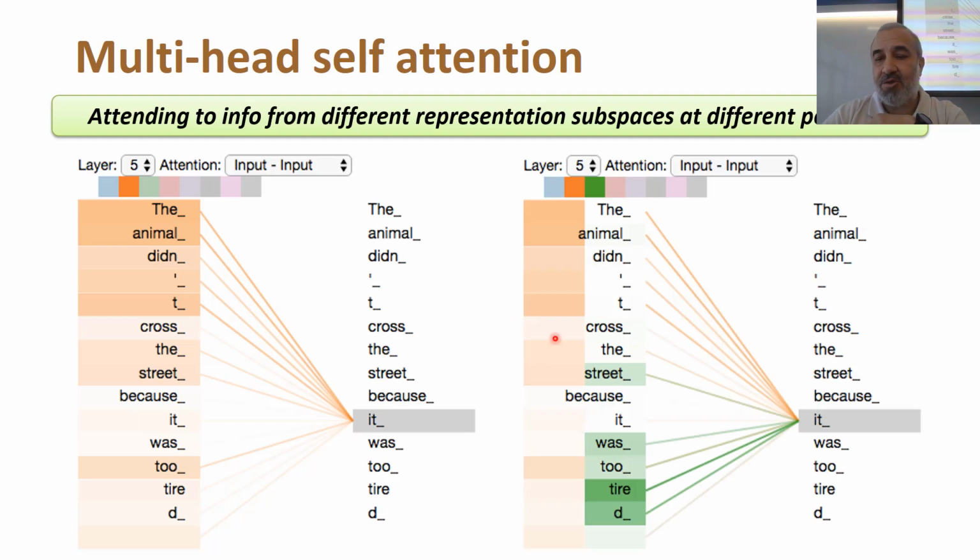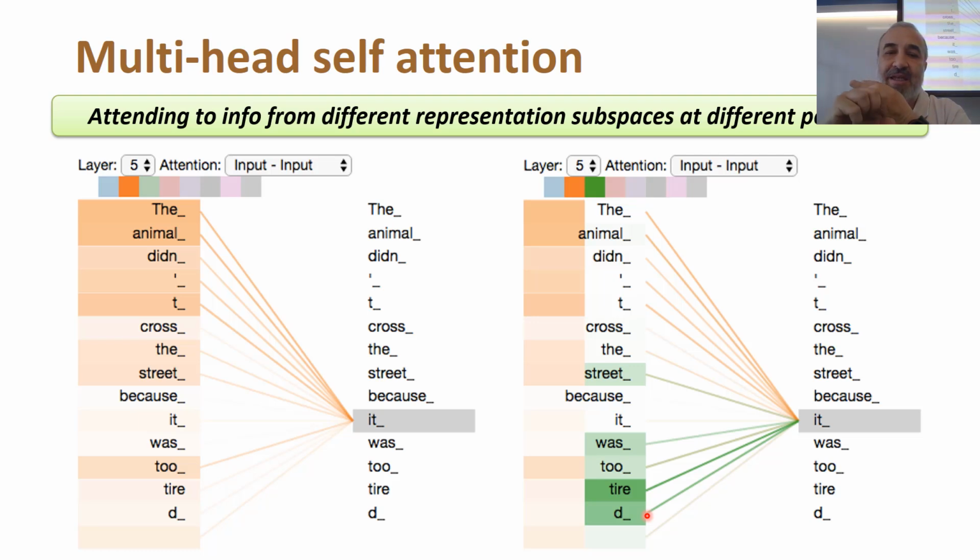Another head might do it this way: it, which is the green here, will refer to tired. That's the verb instead of the noun. So different ways of attention can help the final output embedding vector. That's the first intuition.